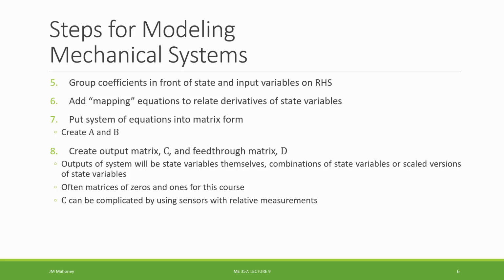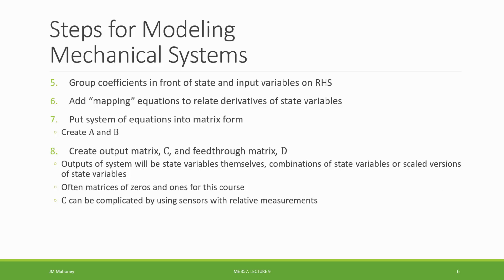And D, how the inputs interact with those sensors, is going to be, in this course, generally 0. We are going to have the simplest type of models where the inputs are not going to interfere or interact with the states that we are sensing. But C and D will get more complicated in follow-up courses to this.